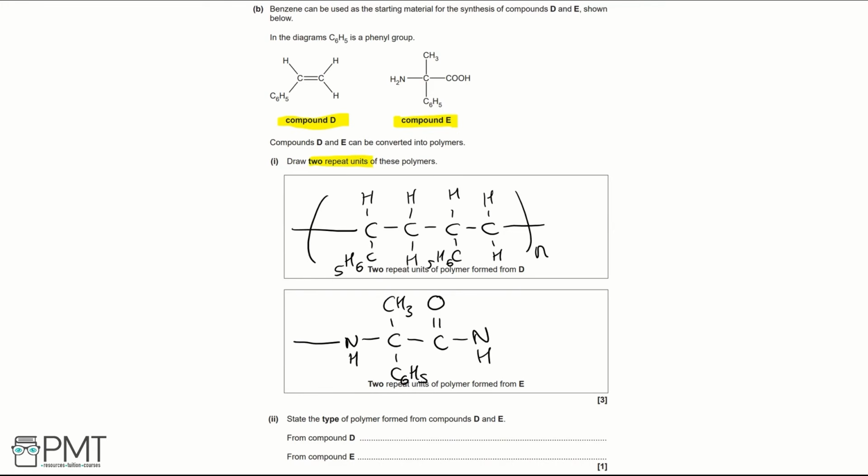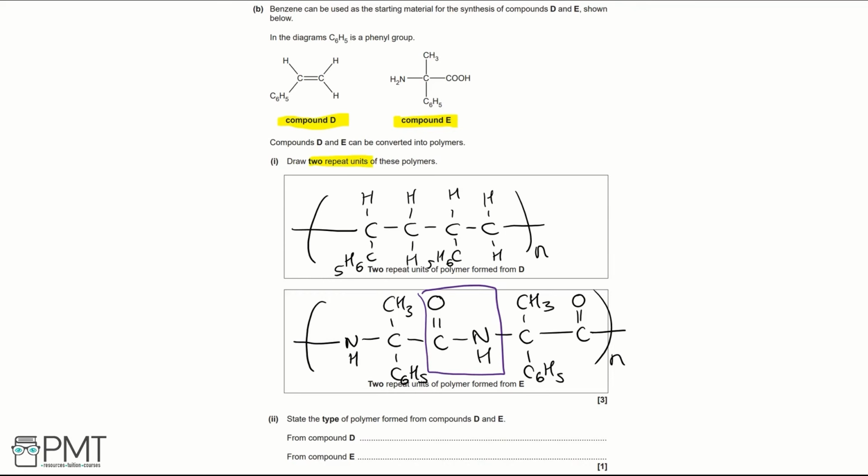So one side has just an NH on its own, and then we have our amide group that we're forming in the middle here. If we were to continue, we would then have our carbon with our CH3 group and our phenyl group, so C6H5, and we would then have a carbon double bond oxygen, our extended lines and brackets, and an N to show that it's been repeated.